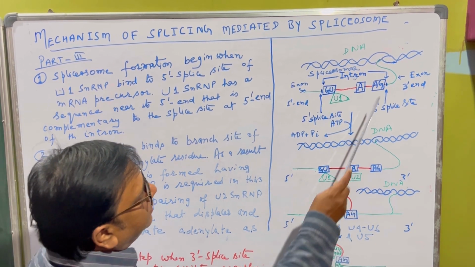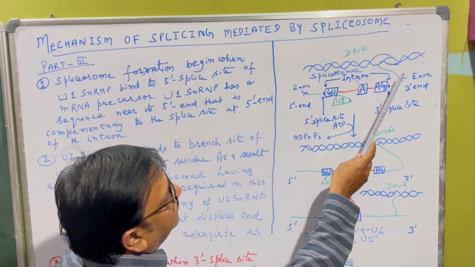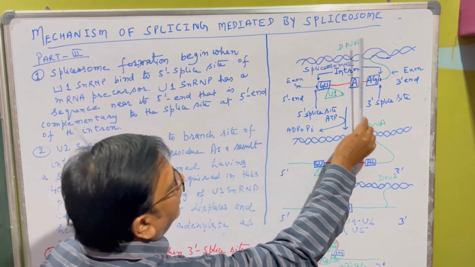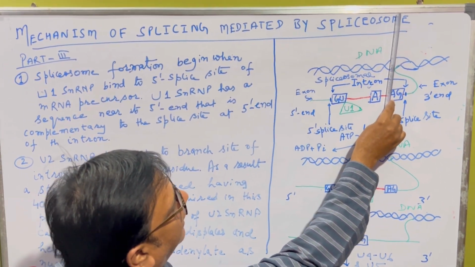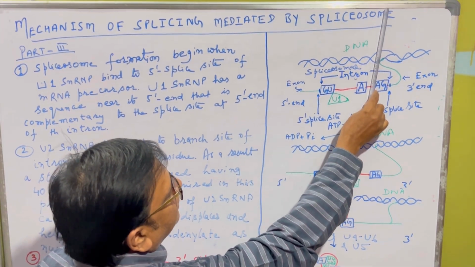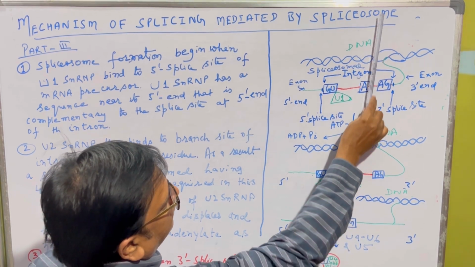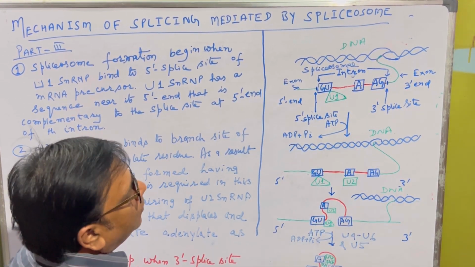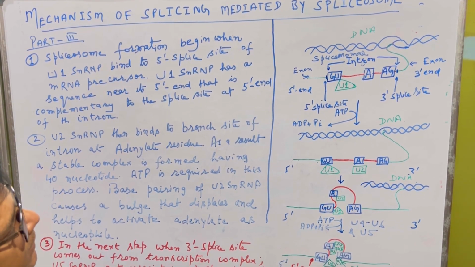Actually, it is not that these are synthesized stepwise. Suppose we consider that the mRNA precursor is synthesized up to the adenine branch site.